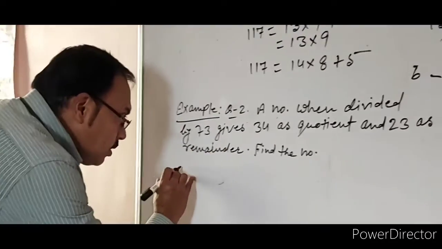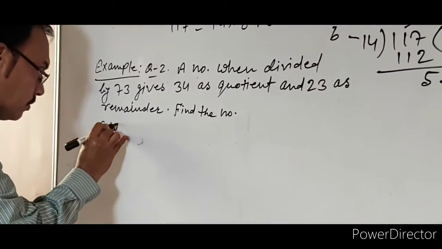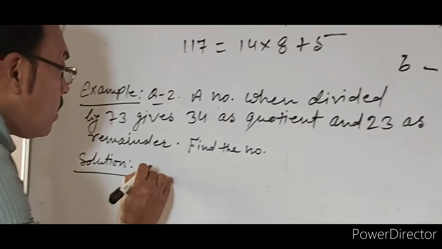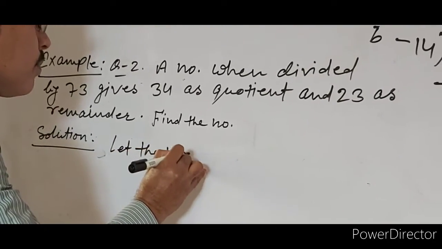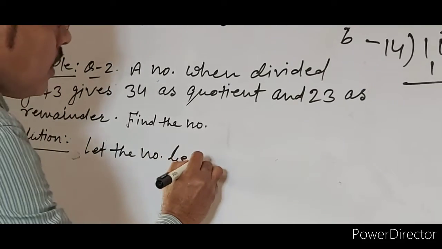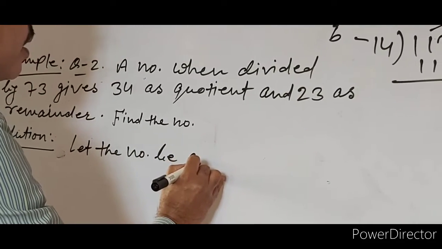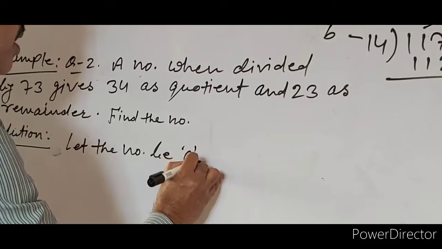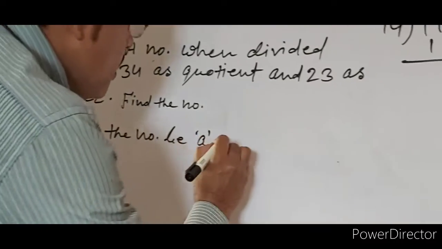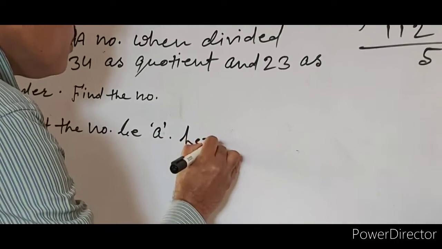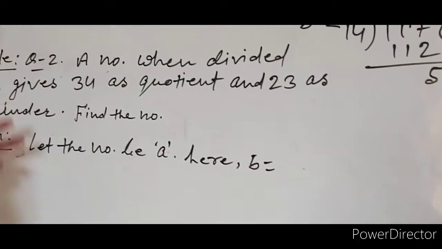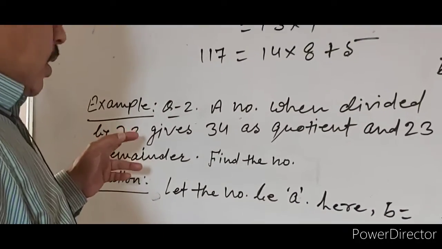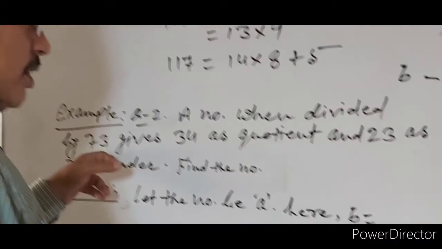So here in the solution, let the number be A. Here B means divisor, divided by 73. 73 is our divisor.